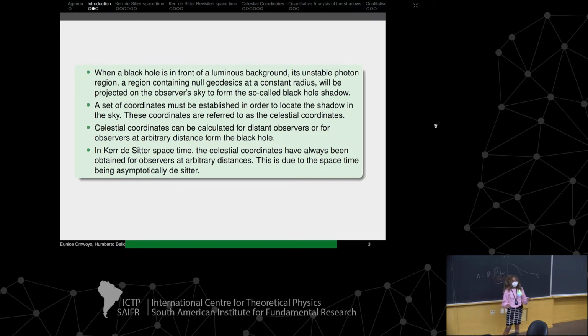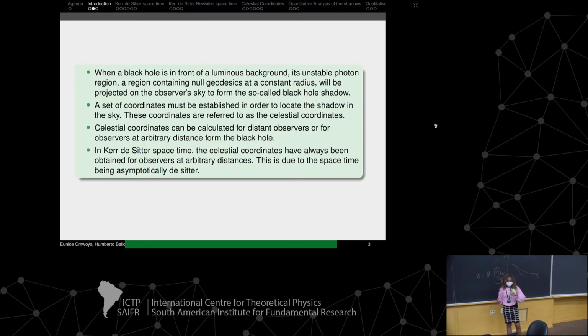For instance, the Kerr spacetime is asymptotically flat, and therefore far observers can be considered. But the Kerr-de Sitter spacetime is not asymptotically flat.